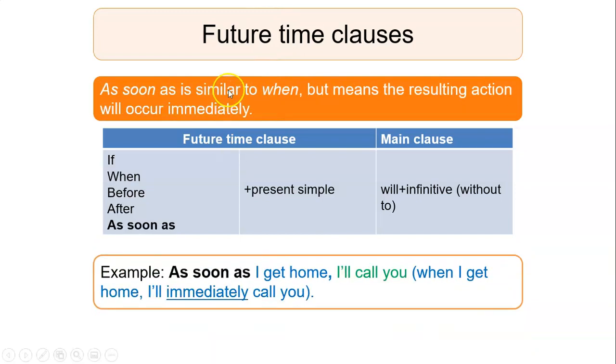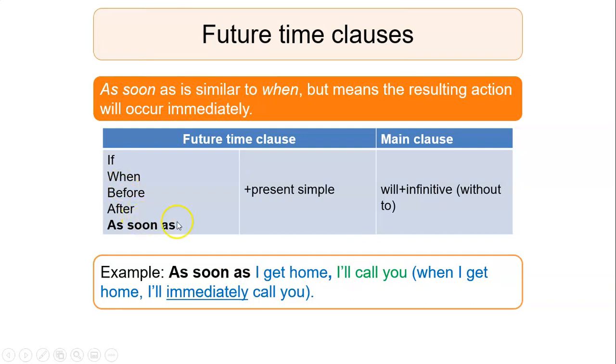Okay, let's look at as soon as. It's similar to when, but means the resulting action will occur immediately. For example, as soon as I get home, and notice that the as both times is a weak sound. We pronounce it as. As soon as I get home, comma, right?